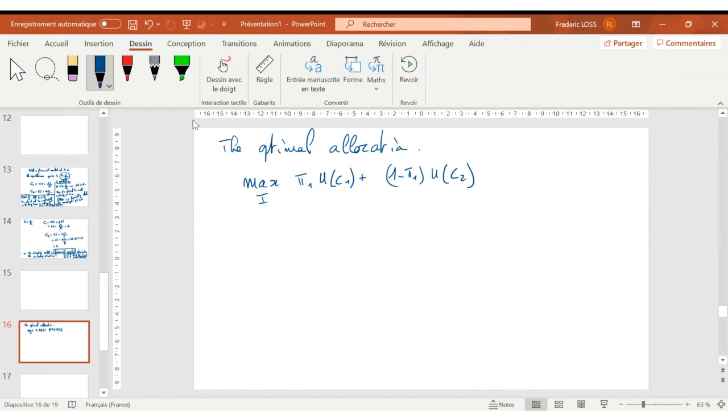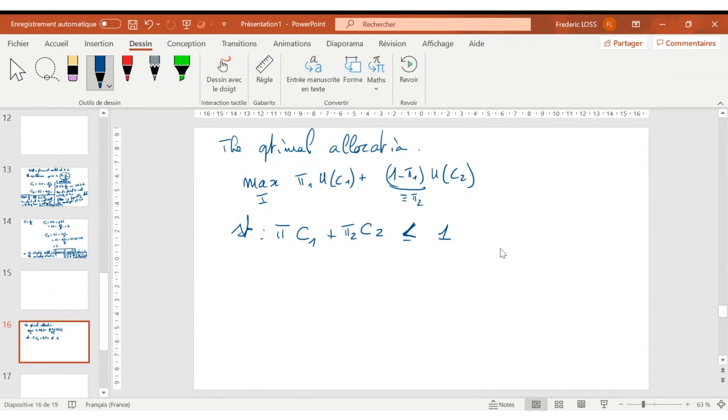Subject to what is the constraint which has to be fulfilled? Well, it is that your expected consumption has to be lower than what you have to invest, right?